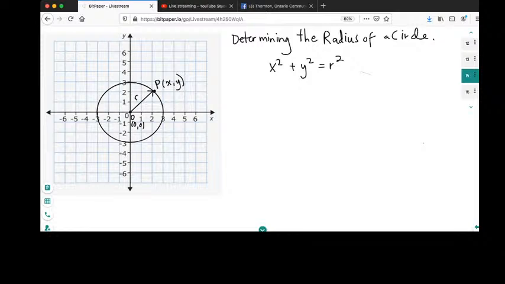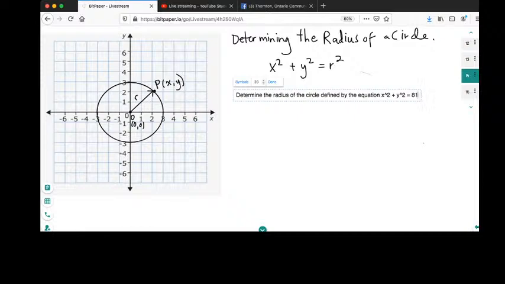So let's say they've told us to determine the radius of the circle defined by the equation x squared plus y squared. I wish there was a way to just do squared, but it's not a simple thing, so we're just going to do this.